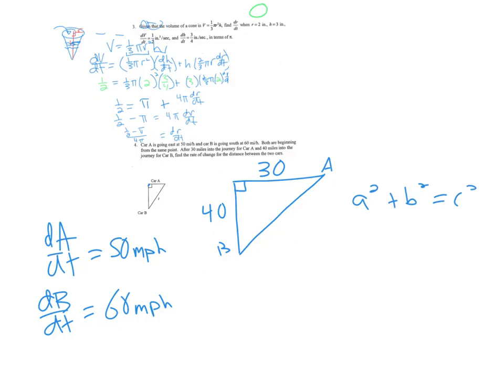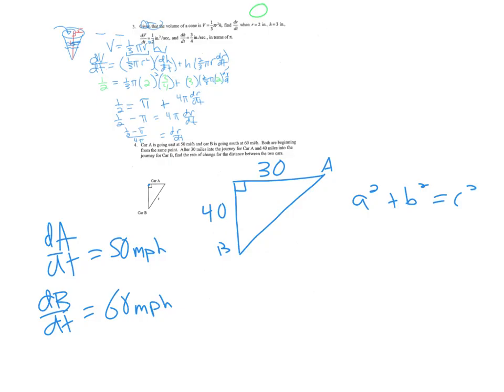And I want you to notice that all three of these sides are changing. So car A is starting here and it's moving along, and that length keeps getting bigger. Car B is starting here and it's moving along, and that length keeps getting bigger. And we want to know how fast is the distance between them changing, at the moment that A is 30 miles away from the start point and B is 40 miles away from the start point.